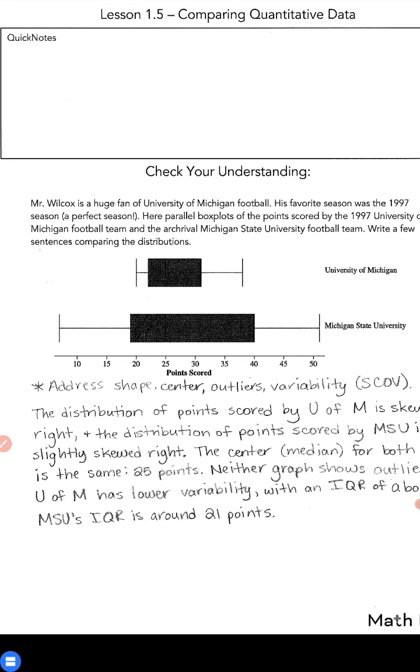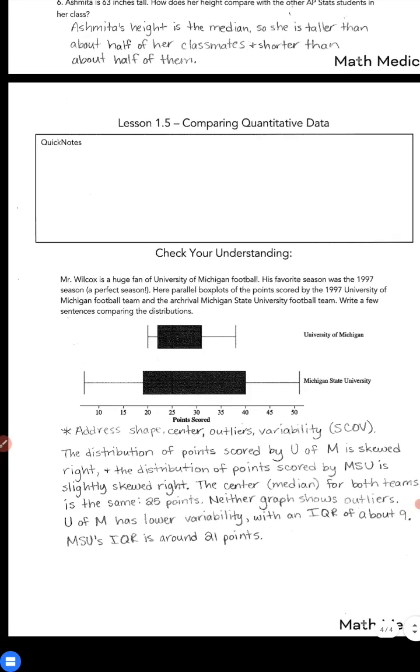Okay, so when I look at these two box plots, if I asked you to describe shape, center, and spread, could you do it? Okay, so let's start with shape. The first thing that I want you to know, the distribution of points scored by the University of Michigan, which is our top box plot, is skewed to the right. Why do I say that?